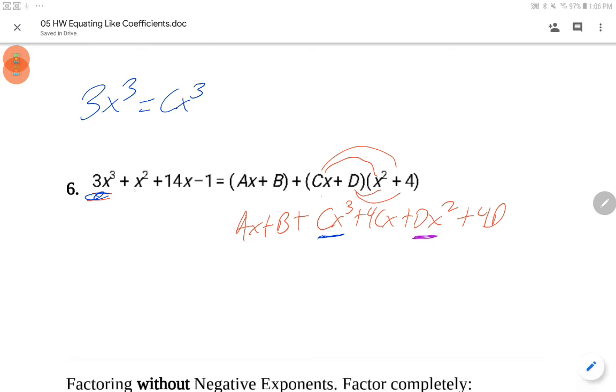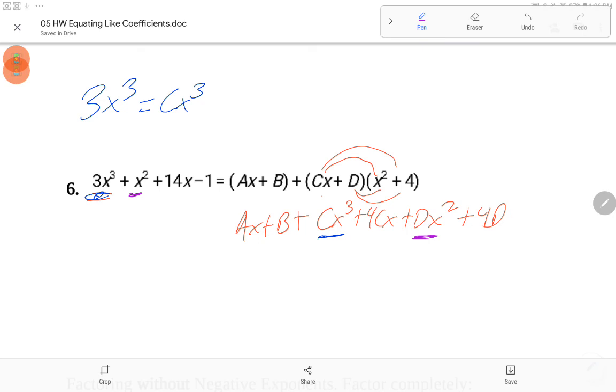Here's dx squared. I set that equal to the x squared here, and so on. That's really it. You're setting the coefficients of each term equal to each other and solving. Most of the time, it's going to turn into systems of equations. And that's basically it. Hopefully that made sense.